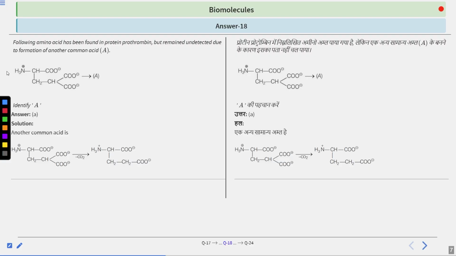The amino acid present in prothrombin has two COO negative groups on the CH. It forms another common acid after losing two molecules of CO2, which is our answer, NH3 positive, CH, COO negative, with CH2, CH2, COO negative. So our correct answer is option A.